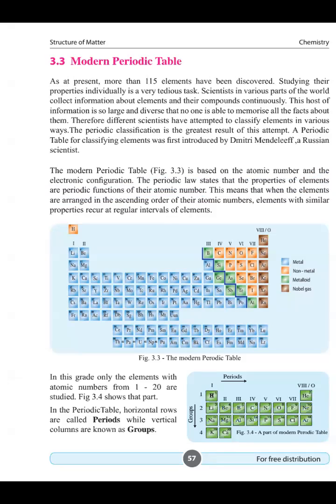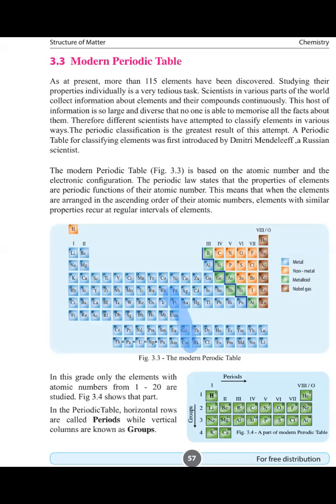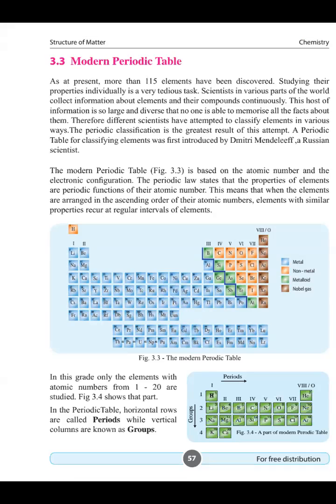And the elements with similar properties recur at regular intervals. It means the periodic table is arranged in such a way that the same type of elements with the same properties recur at regular intervals. When you study the periodic table, you can clearly understand that.